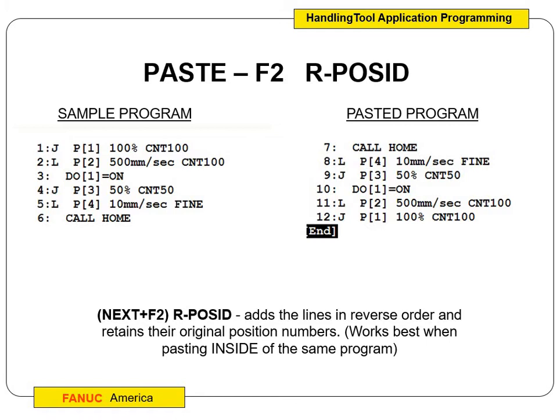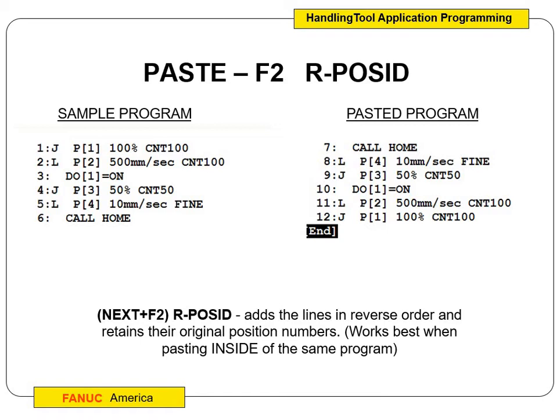Do you see the entire lines were reversed? So now line 1 is the same as line 12. Line 2 is the same as line 11. Line 3 is the same as line 10. Line 4 is the same as line 9. Line 5 is the same as line 8, and line 6 is the same as line 7.